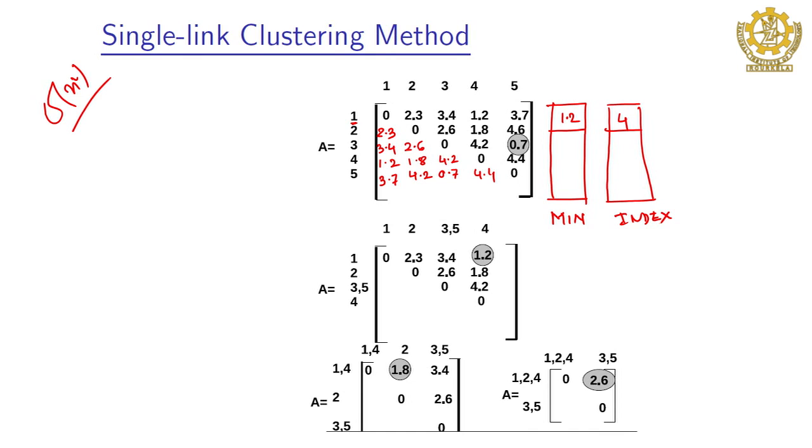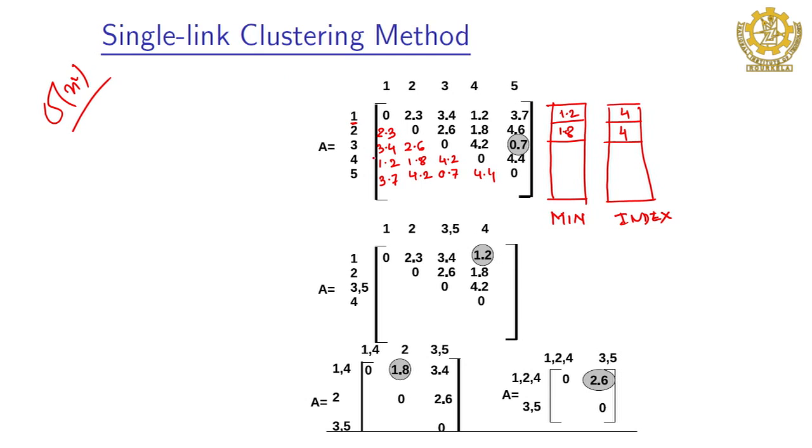This we say is the minimum, and this we say is the index. Now, similarly, when you compute the distance from 2 to all other points, you compute the minimum, except the 0; do not consider 0. Which one is minimum? 1.8. So you write 1.8, and 1.8 is again 4.